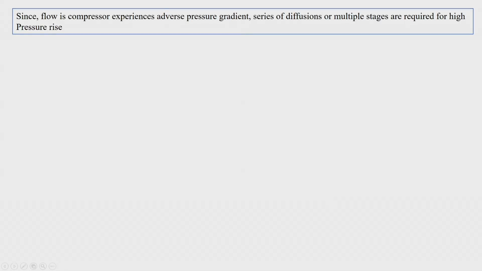But since the flow in the compressor experiences an adverse pressure gradient, a series of diffusions, or multiple stages, are required for a high pressure rise. In an axial compressor, we expect to use the compressor for pressure rise, but the whole pressure rise is not going to happen in one stage.